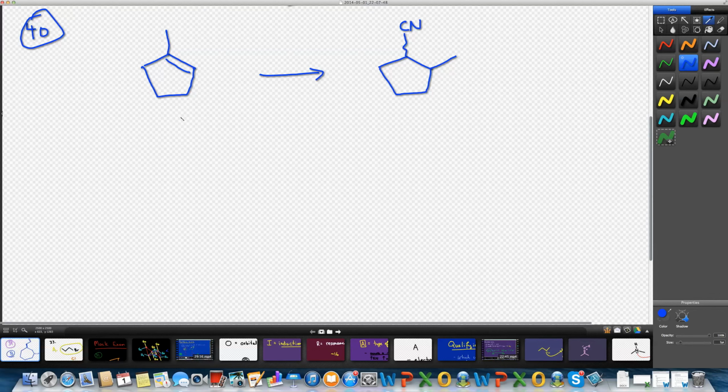Clearly what needs to happen here is I need to add a good leaving group across this double bond in an anti-Markovnikov fashion. So one of the last mechanisms I taught you this semester, HBr with peroxides. This is anti-Markovnikov.